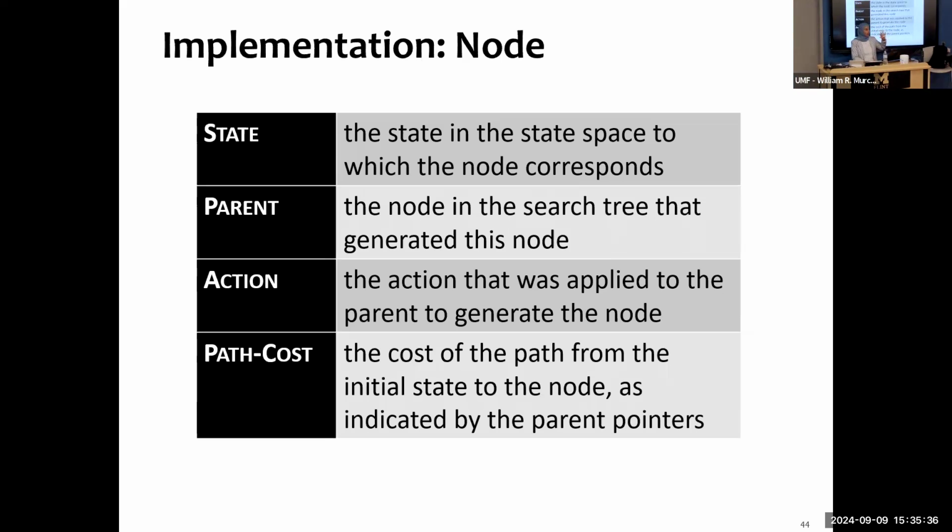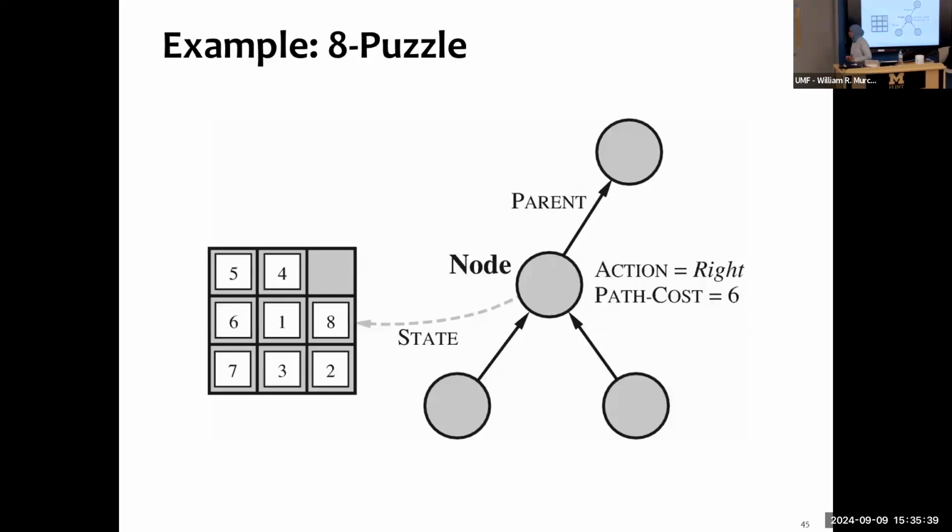Is that clear for everyone now? Okay, so this is a representation of the node given the example of the 8 puzzle. The node here is going to have, for example, this given state as its tracked state. We need to have information about the parent, which is the state this one was produced from, for example, where the empty space was before we moved it. Is that clear? It means the step before this state, the previous state.